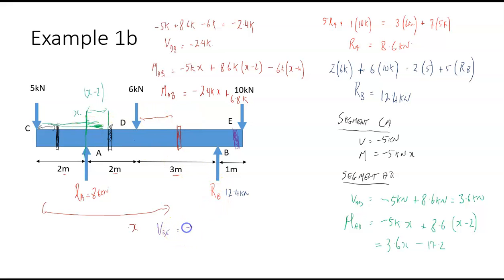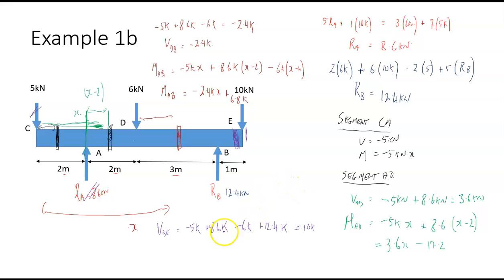So that's going to be equal to minus 5k plus 8.6k minus 6k plus 12.4k, and that all equals 10k. And that shouldn't be a surprise because that's the value here on the right hand side.